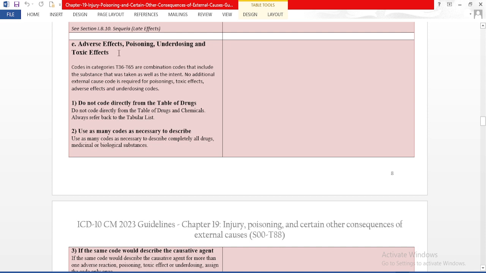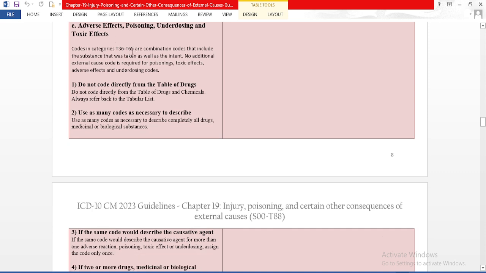Next, we are going to learn adverse effects, poisoning, underdosing, and toxic effects. Codes in category T36 to T65 are combination codes that include the substance that was taken as well as the intent. No additional external cause code is required for poisoning, toxic effects, adverse effects, and underdosing codes.